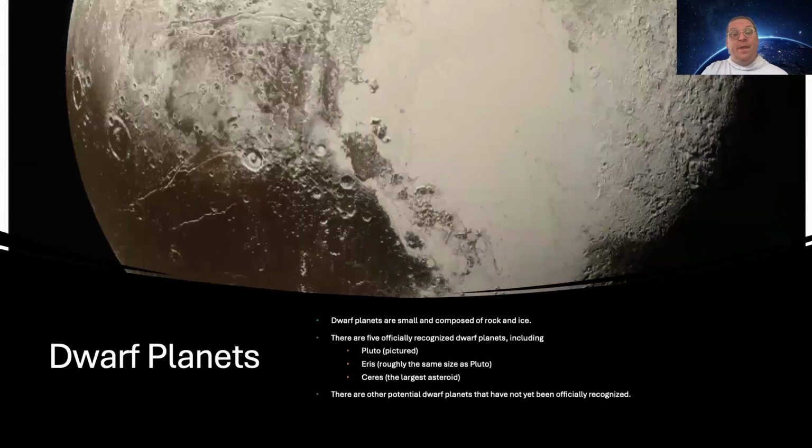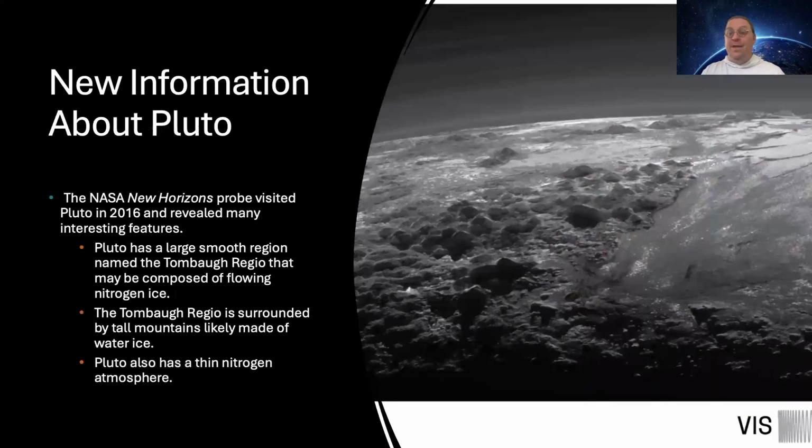In fact, it has fairly complicated geology. The terrain on Pluto is quite varied. If you compare it to any of the moons of Jupiter, there's really nothing that has such a complex range of topography as Pluto. You have smooth regions that we call regio, which you see on Mars quite a bit.